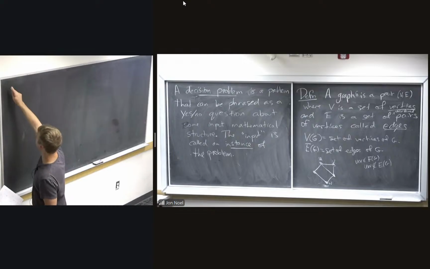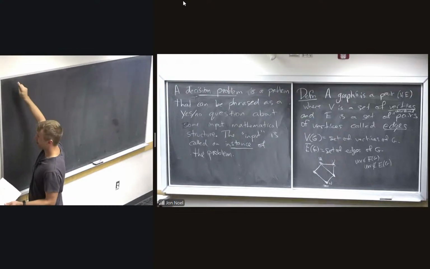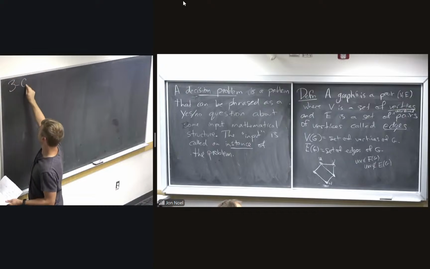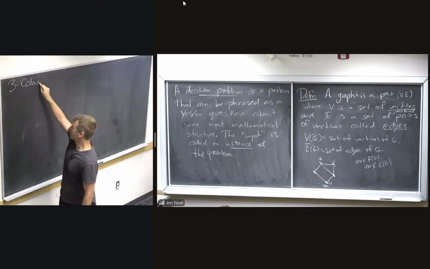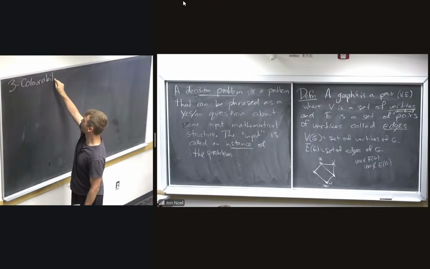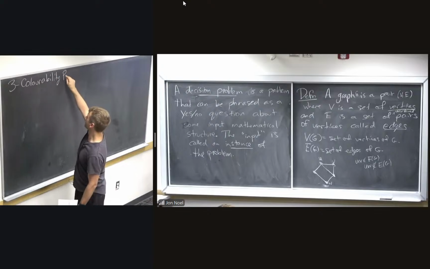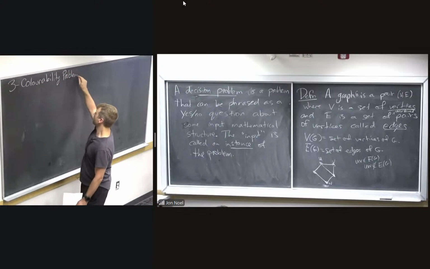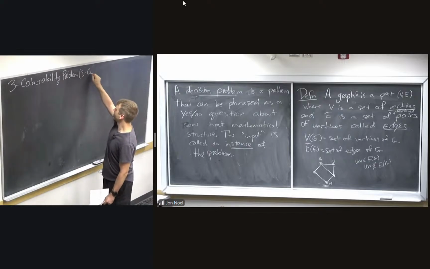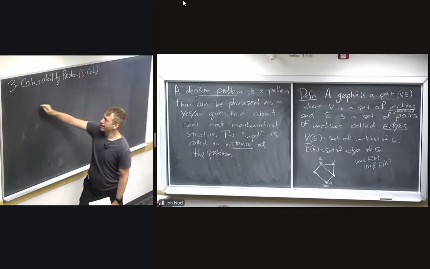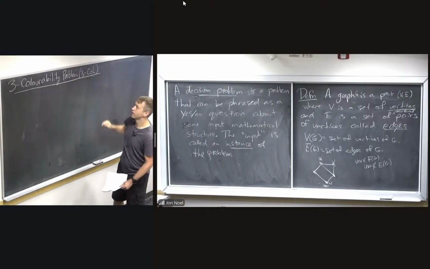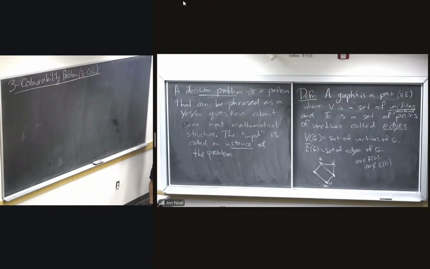Okay, so here's an example of a decision problem: the three colorability problem, which I might abbreviate to 3COL. If you've seen the chromatic number of a graph, this is just asking, is the chromatic number at most 3?